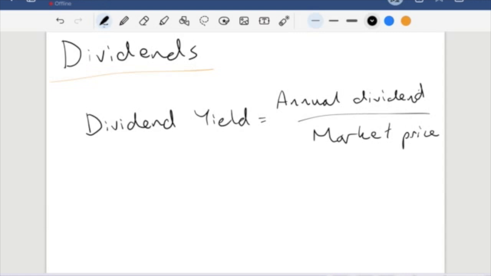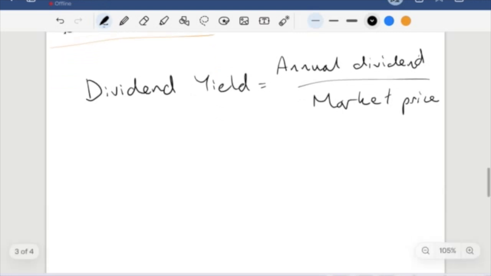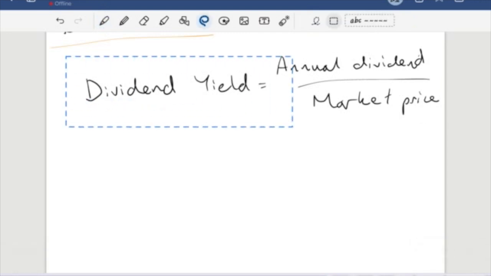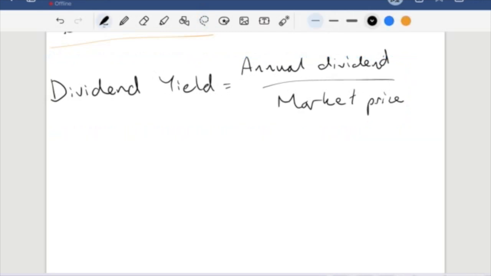So you're going to get some percentage of these profits as a fraction of the total market price. Now, you can find this as a decimal, or we can take this and times it by 100% to convert it into a percentage. You can leave that in there or you don't need to.